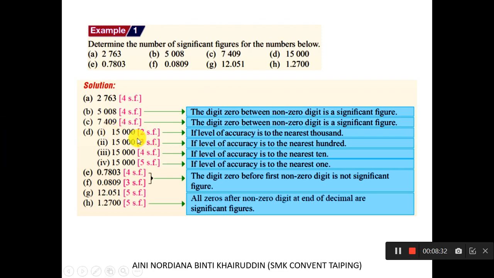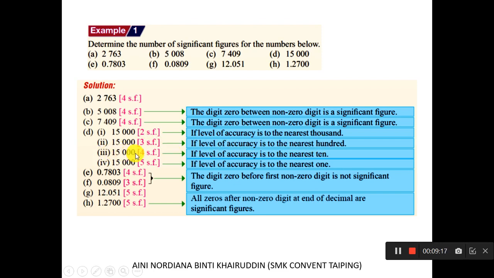For D, it depends on the accuracy of the number. For example, 15,000. This number can be two significant figures if the level of accuracy is to the nearest thousand. Alright, so this is the meaning of the level of accuracy. 15,000 can also be three significant figures if the level of accuracy is to the nearest 100.